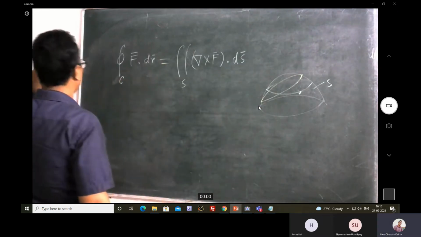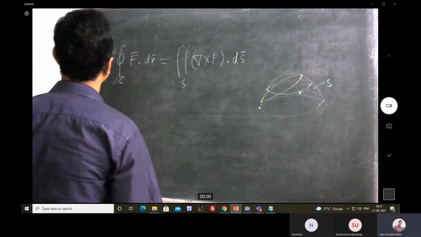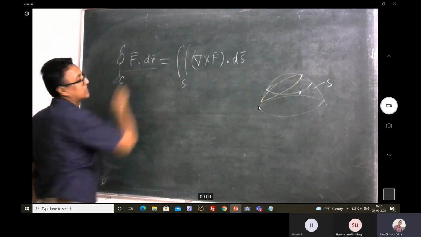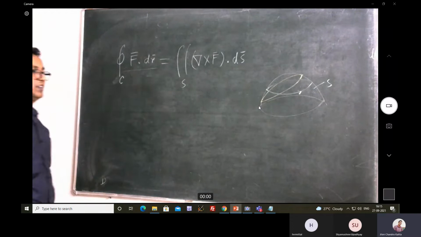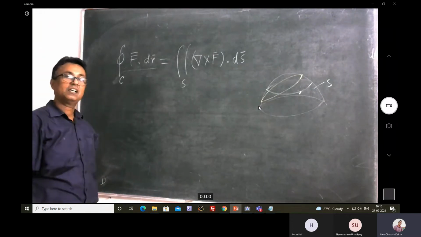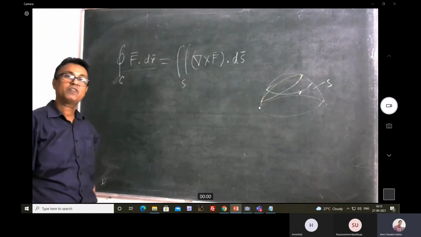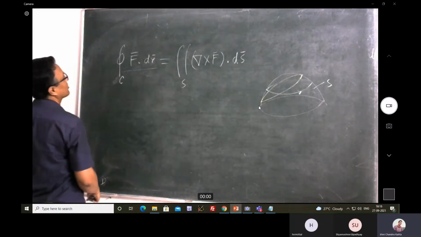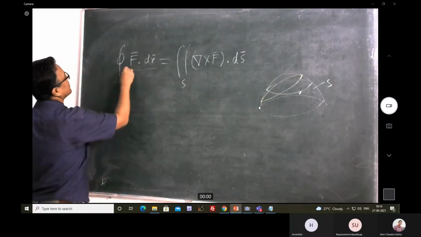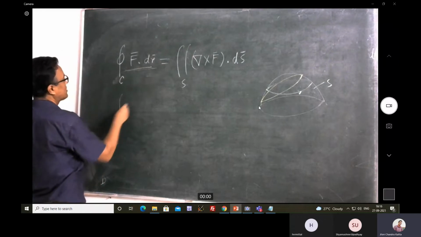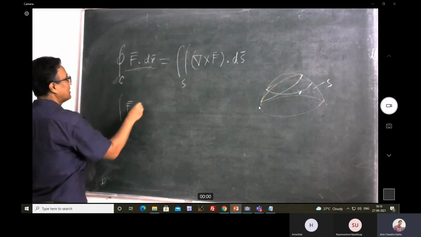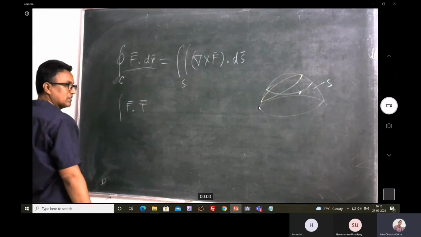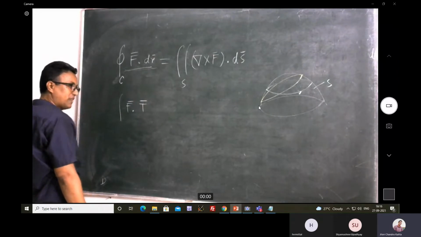So if you recall, we have this one. Do you recall Green's theorem, vector form of Green's theorem? So in the vector form of Green's theorem, if you recall, this was simply F, and then we take a unit tangent vector.